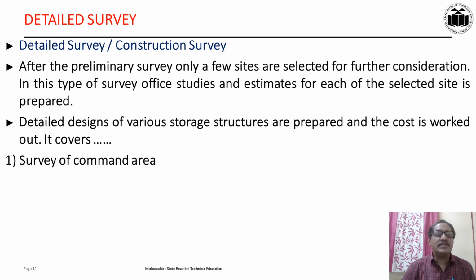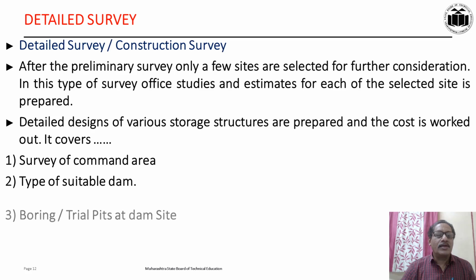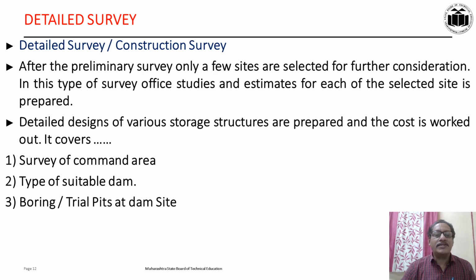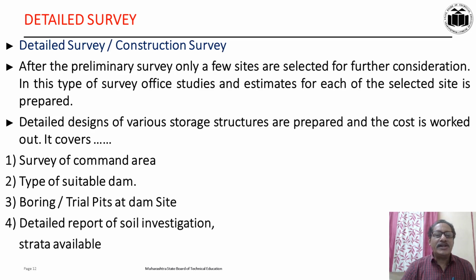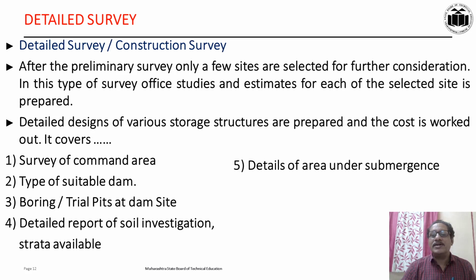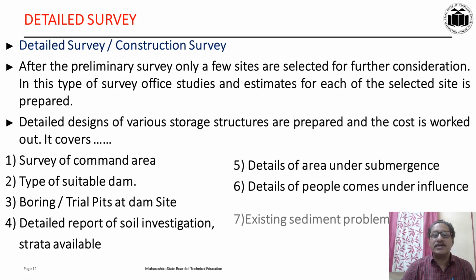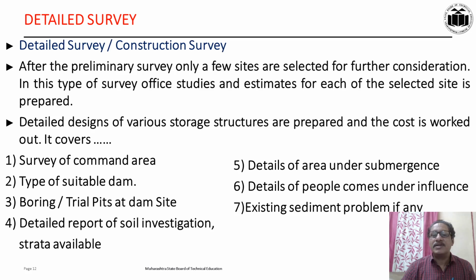It covers survey of command area, type of suitable dam, boring and trial pit at the dam site, detailed report of soil investigation and strata available, details of area under submergence, details of people under the influence, and the existing sediment problems, if any.